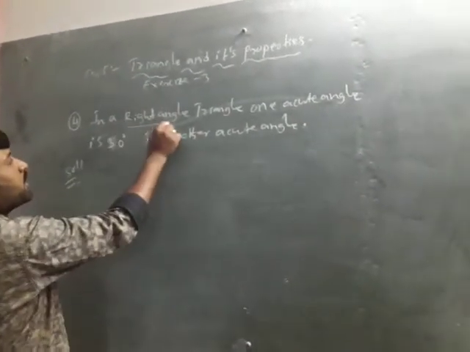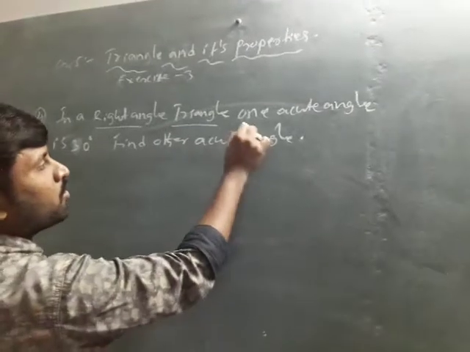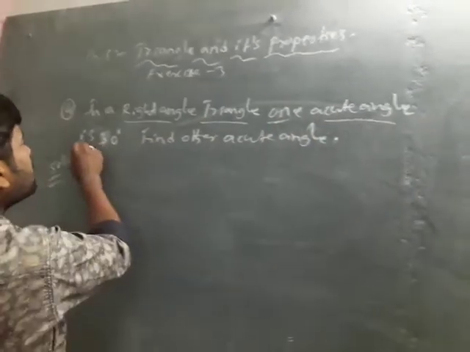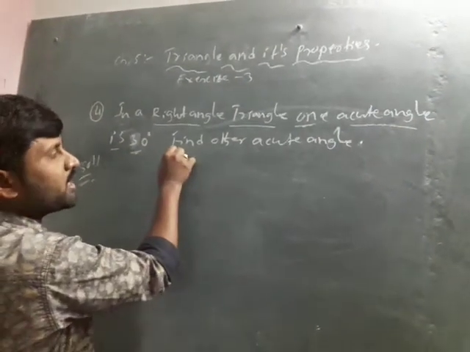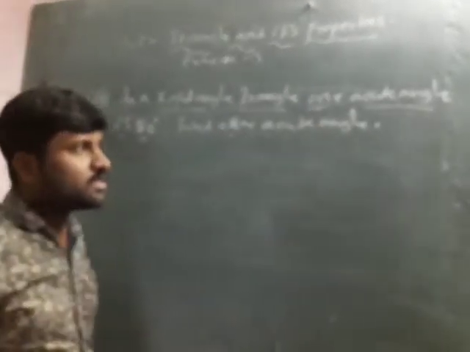Okay students, now the next question is the fourth one. In a right angle triangle, one acute angle is 30 degrees, find the other acute angle. So this is the question.